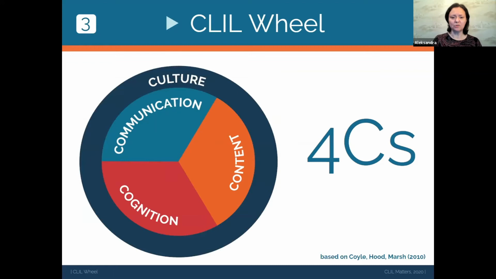I remember struggling when I taught geography. I remember struggling with this culture element and the need to include it in my lesson plan. Now I think that actually I don't have to do this explicitly, because the way we communicate depends on the culture, the way we think depends on the culture, and the content we teach depends on the culture.